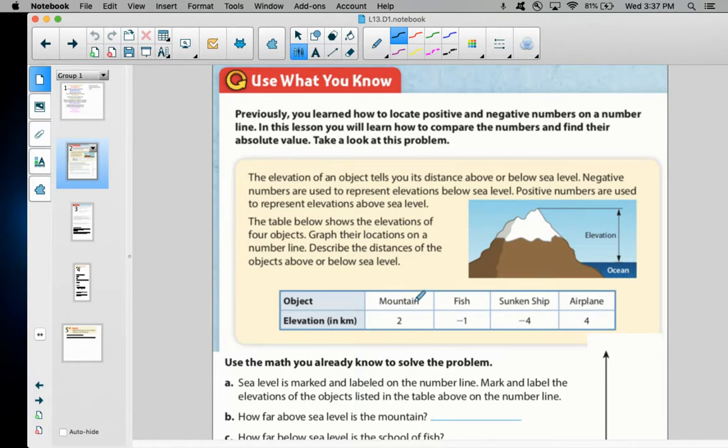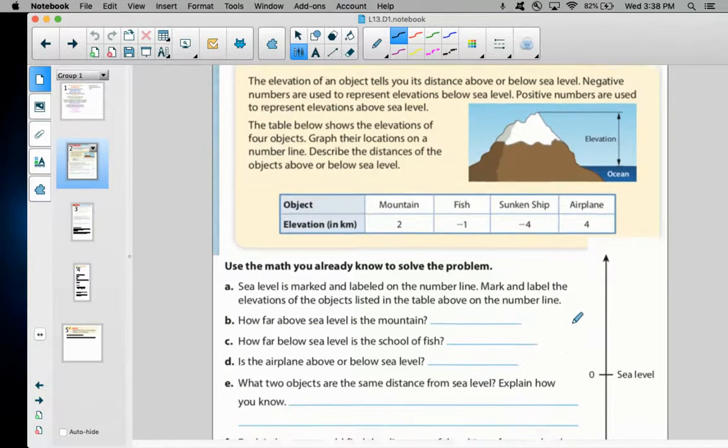So we have elevation being measured in kilometers, and we have that it's 2 kilometers high. The fish is swimming -1 kilometers into the ocean, and there is a sunken ship -4 kilometers, and an airplane flying at 4 kilometers in the air.